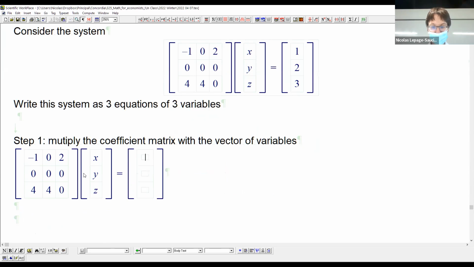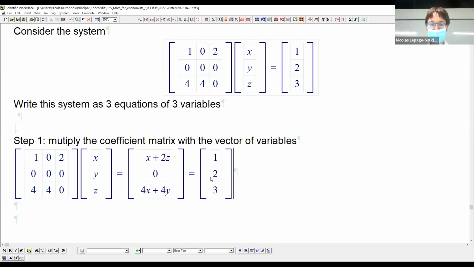So minus x plus 0 times y plus 2z. And this is 0, 0, 0. And this is 4, 4, so 4x plus 4y. And that's good. So this is equal to, of course, still equal to this. So if this vector is equal to this vector, then each element of each vector is equal to the corresponding one.